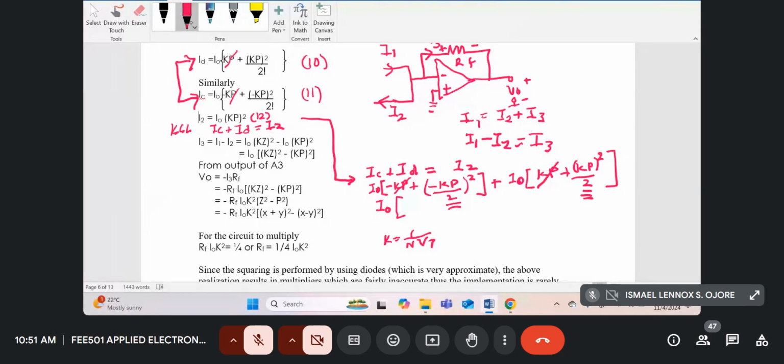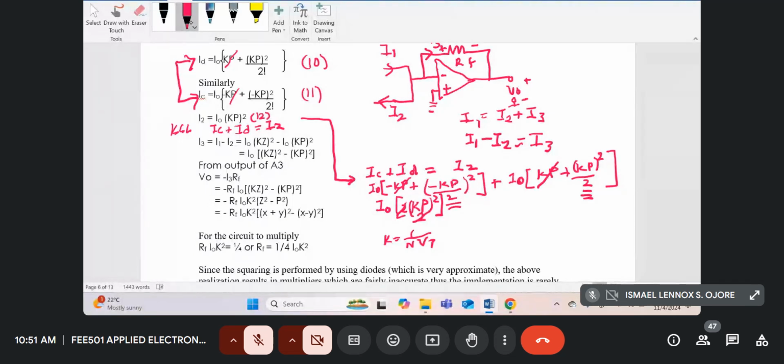So just remain with 2 Kp squared over 2 factorial, because the Kp squared divided by 2, Kp squared divided by 2, so the 2's will cancel.